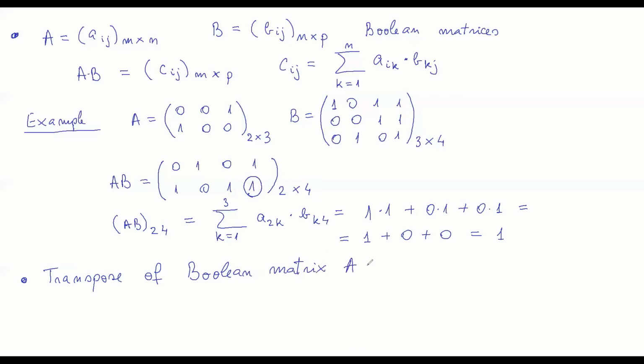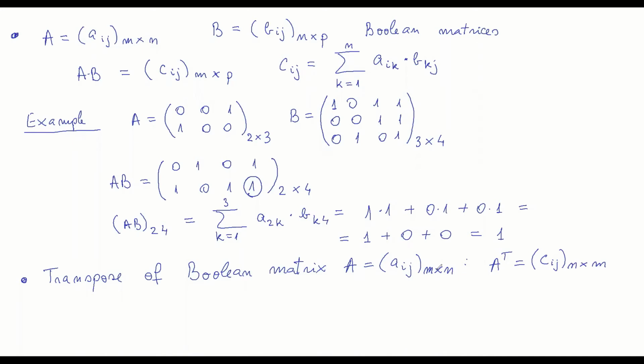A, of type m times n, is going to have its transpose denoted as A^T, and it's going to be a matrix of type n times m.